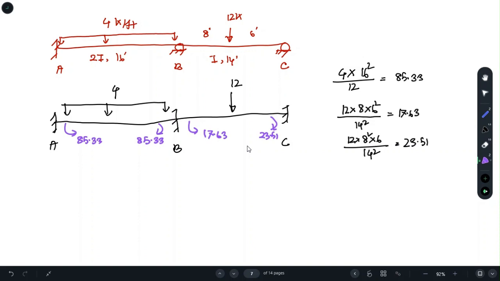You will get reactions as well, but for this problem we will not draw the reactions. Later we'll introduce our dokis, but before that we have to find out how many dokis are possible here.